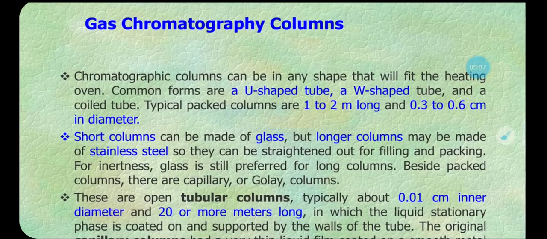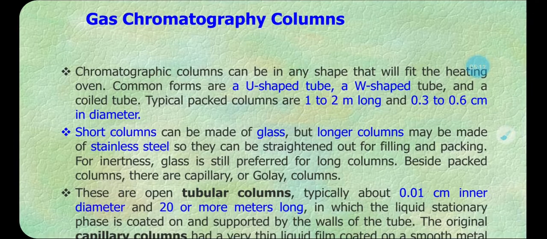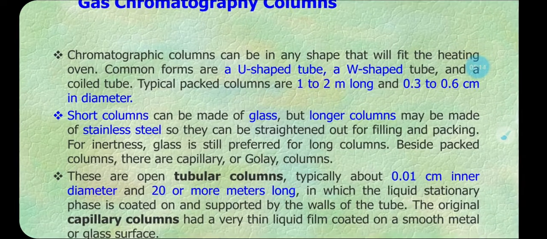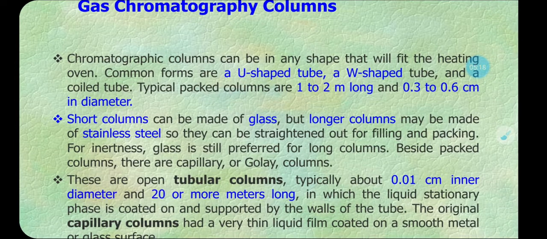Next point, the gas chromatographic column. Let us discuss the columns that are used in gas chromatography. A GC column can be of any shape that will fit the heating oven, because the column should be kept in the oven.